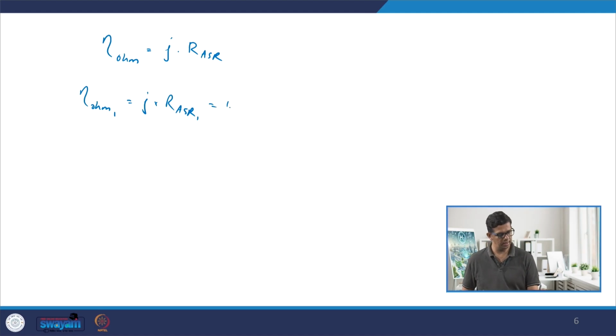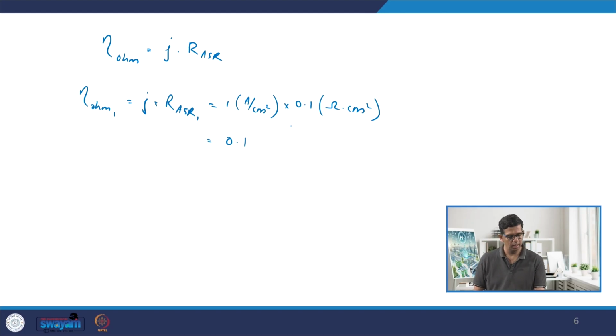Current density is 1 amp per centimeter square, into the area specific resistance of the first cell, 0.1 ohm centimeter square. So, centimeter square gets cancelled, it is basically amp into ohm, which is volt. So, we get ohmic over potential for the first cell as 0.1 volt.